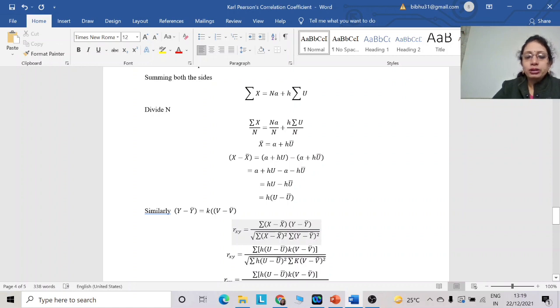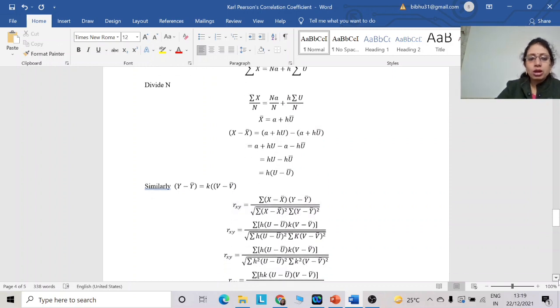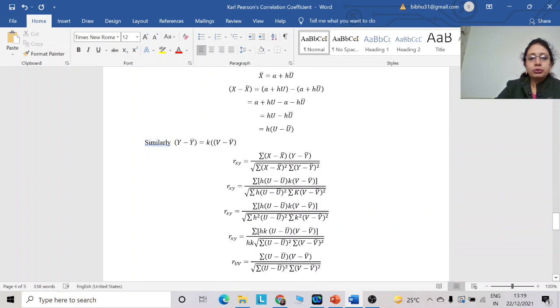In the denominator, instead of summation of small x square and small y square, we write the root of summation of (x minus x bar) square and summation of (y minus y bar) square. Now we replace the values here: instead of x minus x bar we write h(u minus u bar), and k(v minus v bar). In the denominator also we replace the values.